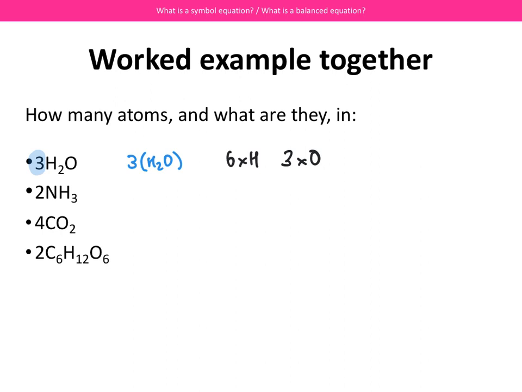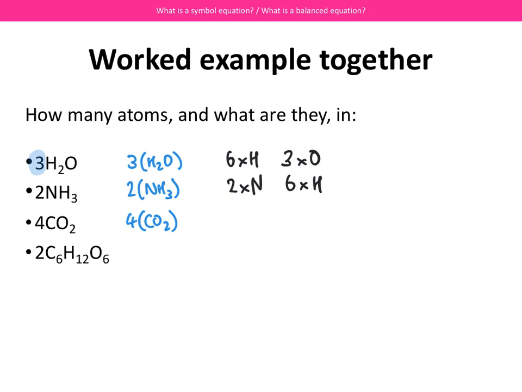If we look at NH3, we're saying 2 of whatever's in that formula NH3. So we have got 2 times 1 nitrogens, so 2 nitrogens. And we've got 2 times 3 hydrogens, so 6 hydrogens. Then when it comes to CO2, we have got a 4 in front of it, and so we're saying 4 CO2s.